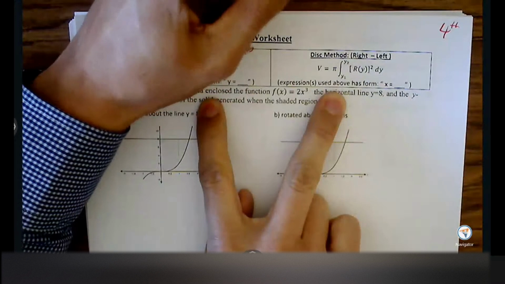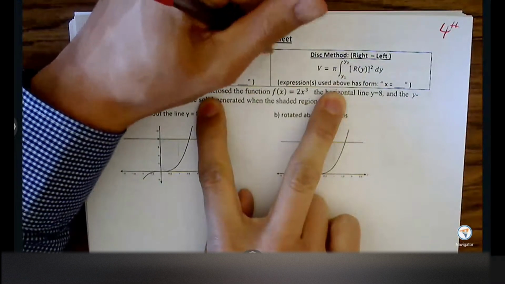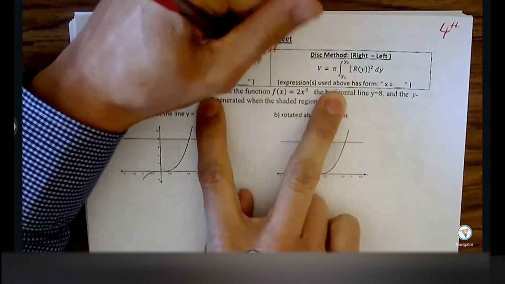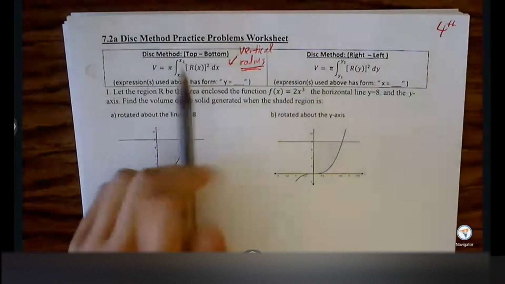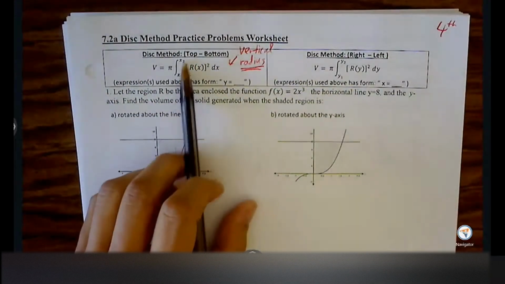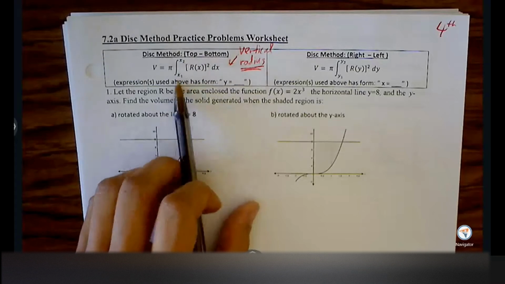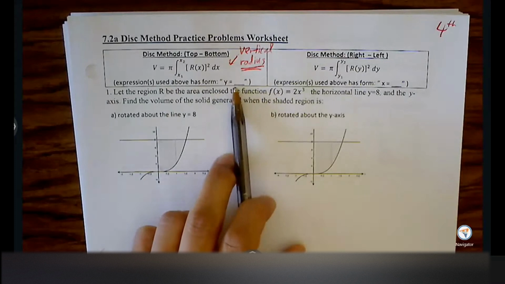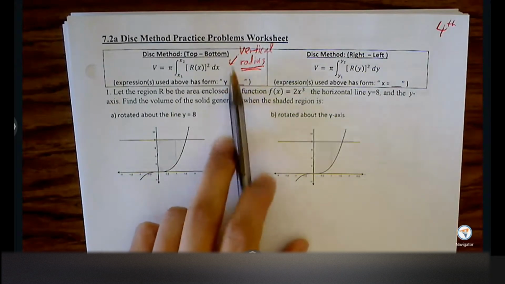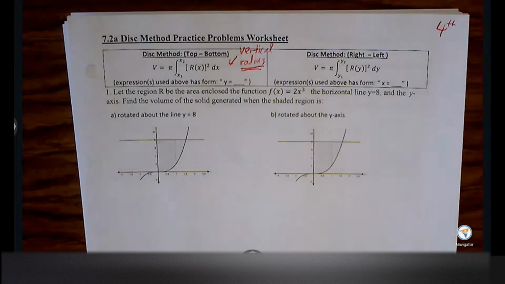So if you see a vertical radius, you know that's a visual reminder that you're going to be using this method, top minus bottom, where your bounds are in terms of x, and your equations are all going to be comfortably as a function that we recognize, right? We're used to seeing y equals, and this is the format that is just more recognizable to us, more familiar.